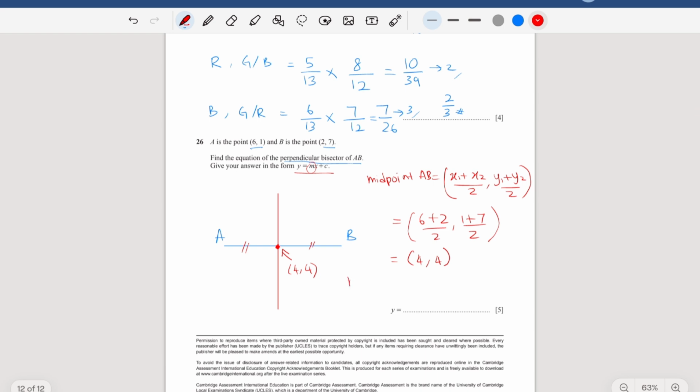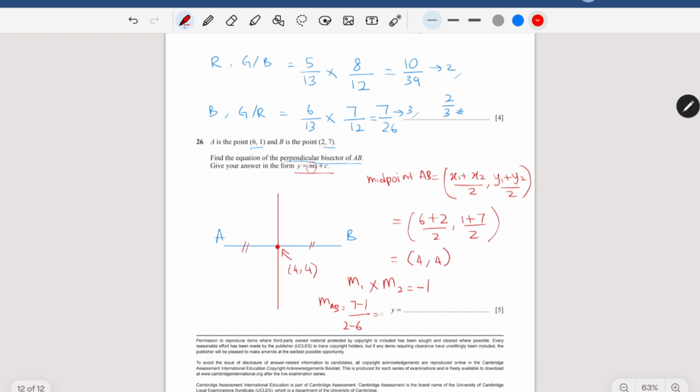Okay, the formula is, if you take the gradient of the line AB times the gradient of the perpendicular bisector, you should get -1. So now let's find the gradient of AB. The gradient will be y2 minus y1 over x2 minus x1, which is (7 minus 1) over (2 minus 6).